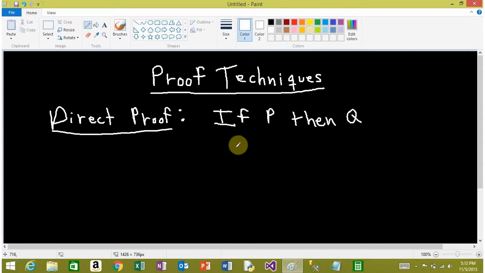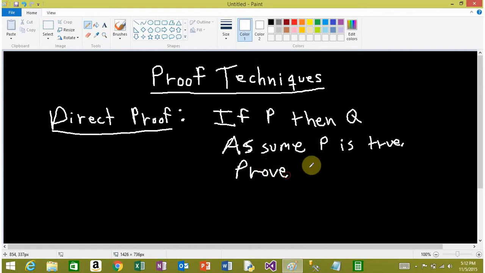The way that you're going to prove this kind of statement is you're going to assume that P is true, and then you're going to use that assumption for P to prove that Q is true. So this is a direct route that you want to use to prove this kind of statement.